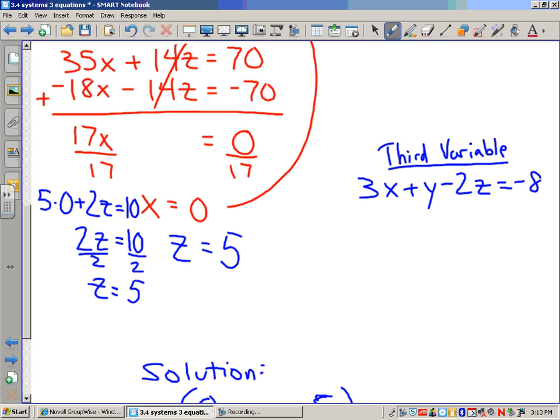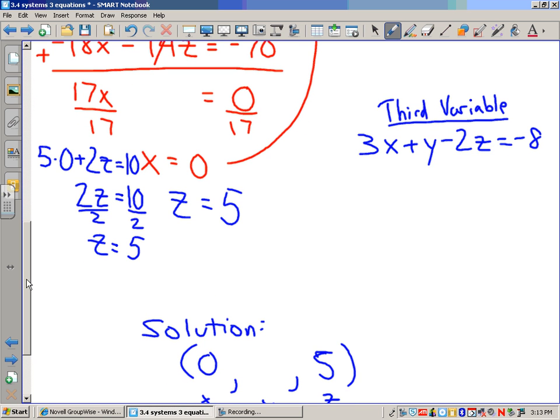I have two of the three of those variables. So I'm going to plug in what I have up there. So I'd have 3 times 0 plus y minus 2 times 5 equals -8. Do the math.